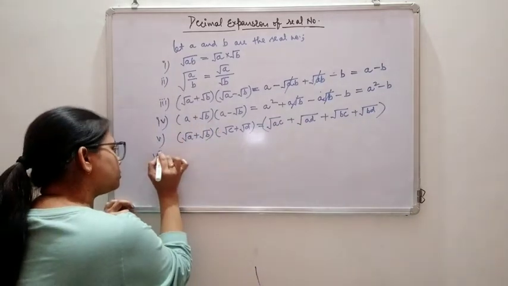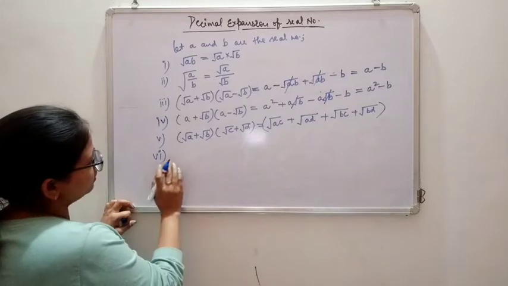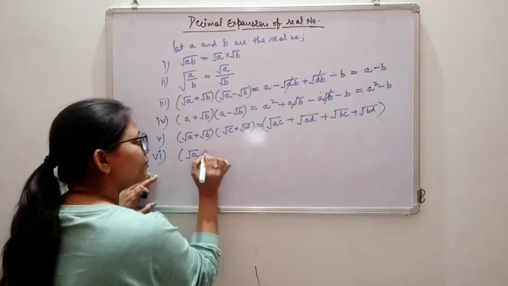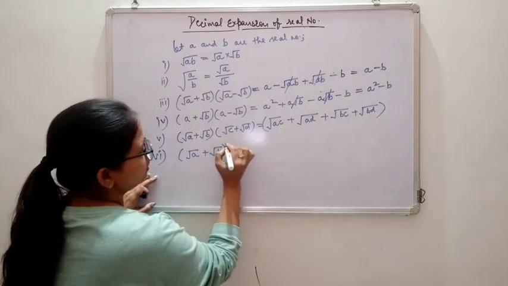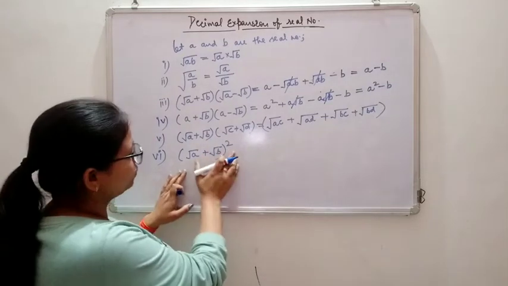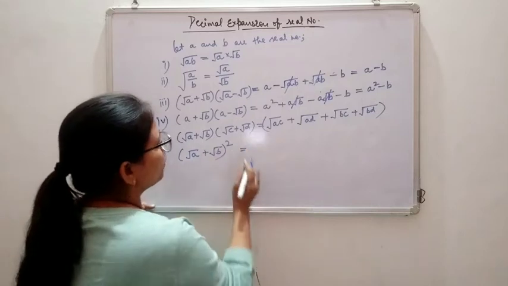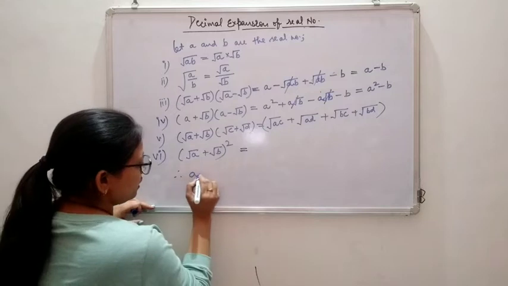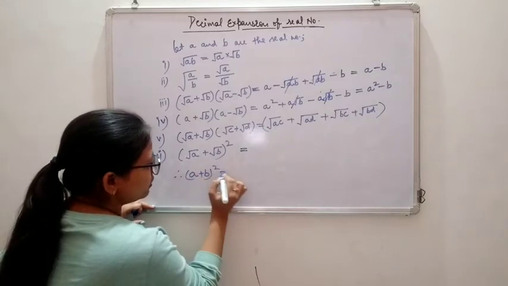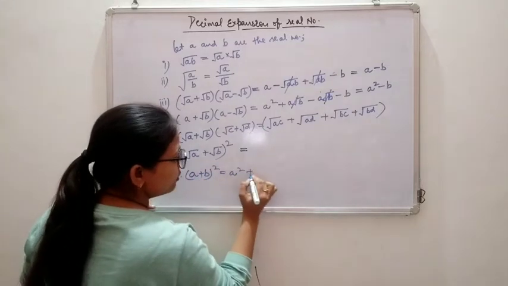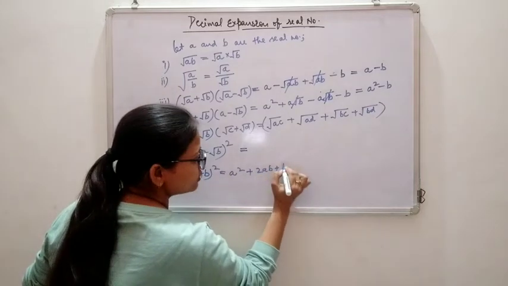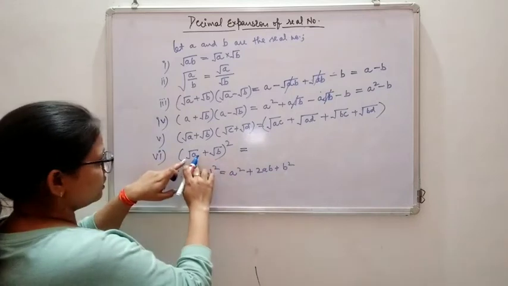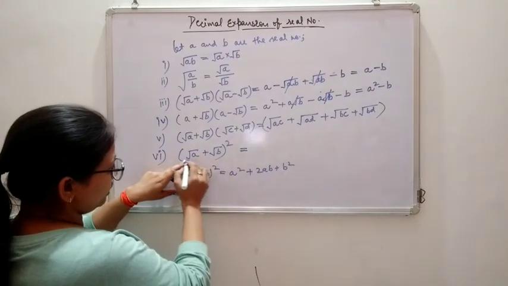Now let's talk about the last and final identity, that is root A plus root B whole square. So what is the whole square of A plus B? That is A square plus 2AB plus B square, right? So we will solve it like this.